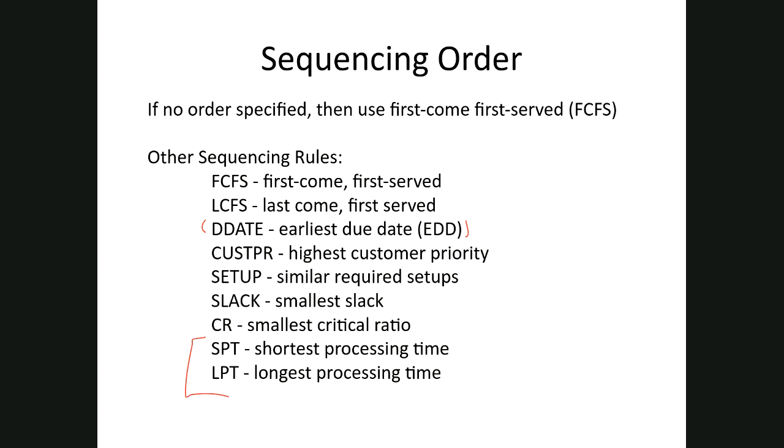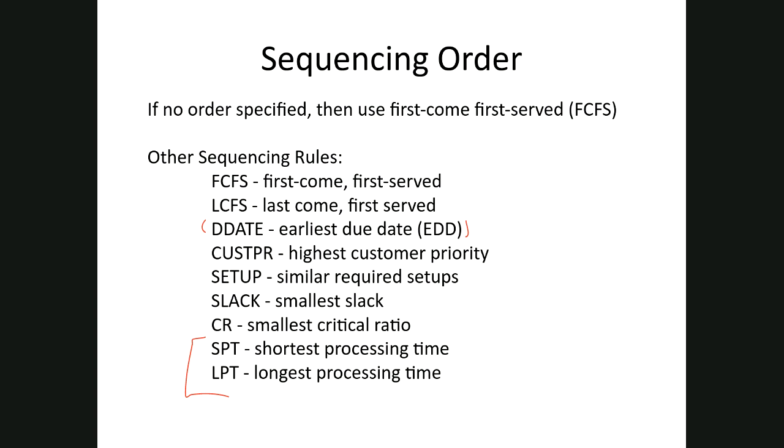So the job that is finished most quickly is sequenced first, and the job that takes longest is sequenced last. And then longest processing time is just the opposite. The job that has the longest processing time gets worked on first, and all the way down to the shortest. So several different ways to approach scheduling. Then there's heuristics, rules of thumb, experience that you have with the process about which it should be sequenced appropriately.